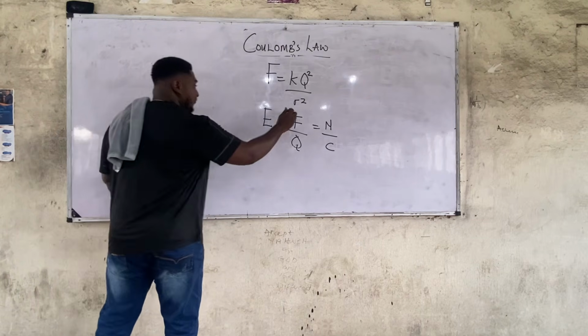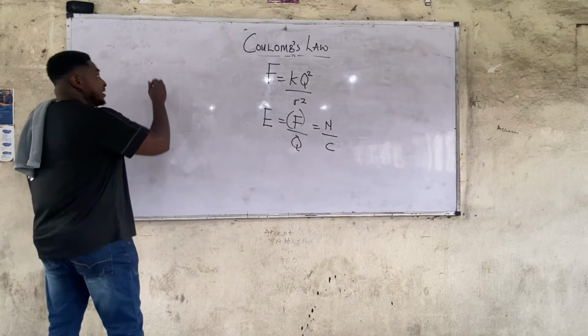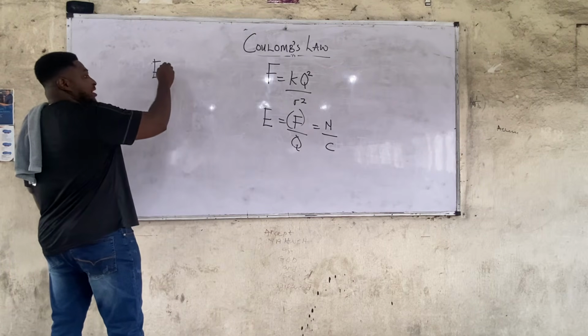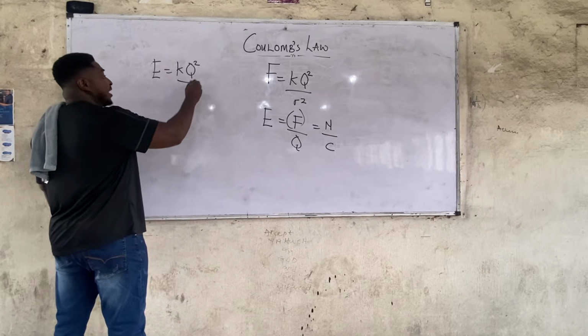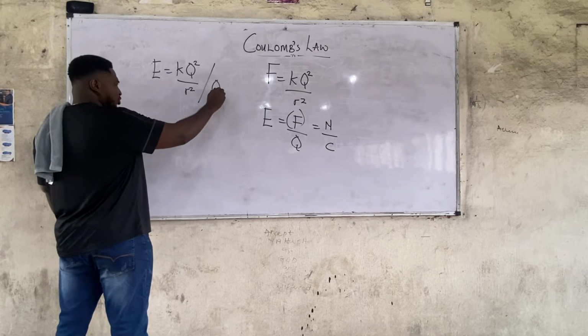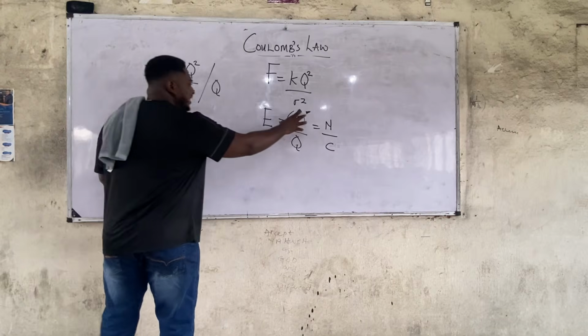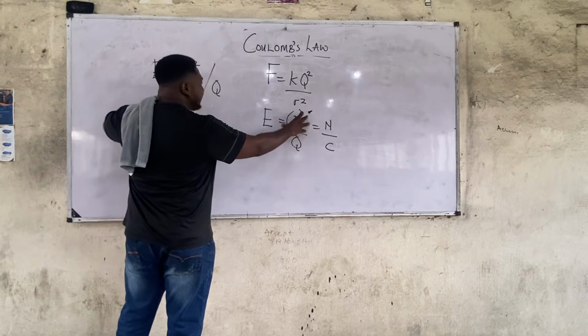So can I replace this F with KQ square over R square? Means that my E will be KQ square all over R square, all over Q, because I replace F with KQ square over R square, but I still have another Q below.